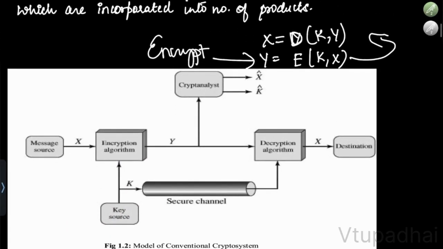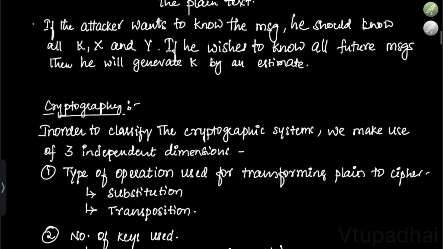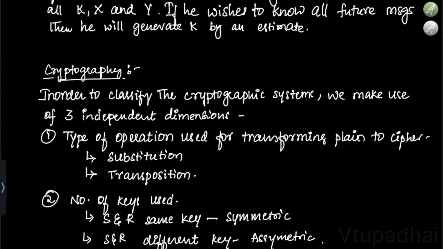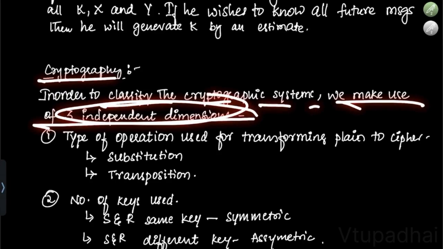So this was about the model of the conventional crypto system and the steps which need to be followed. Now let's see how cryptographic systems are differentiated or classified. In order to classify cryptographic systems, we make use of three independent dimensions. What are those three?